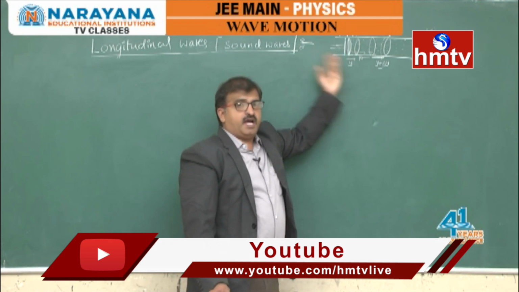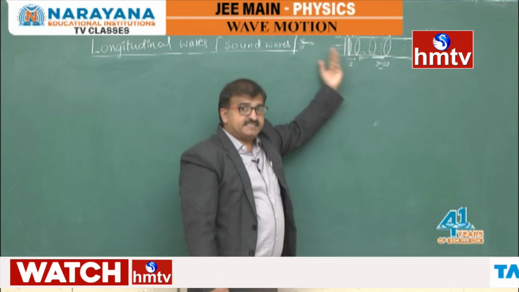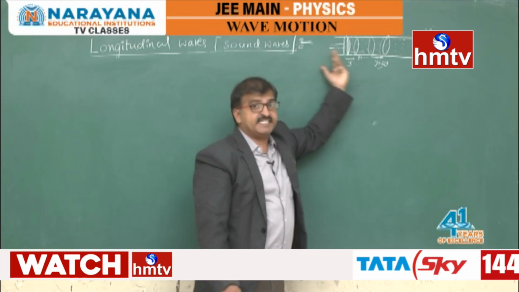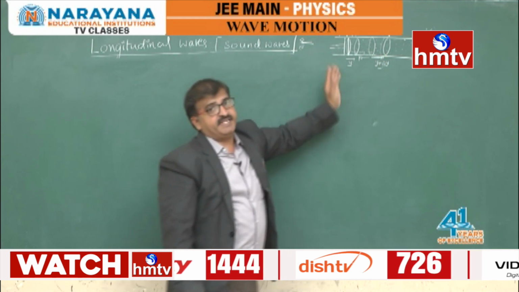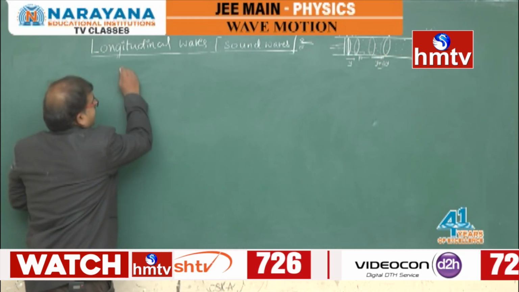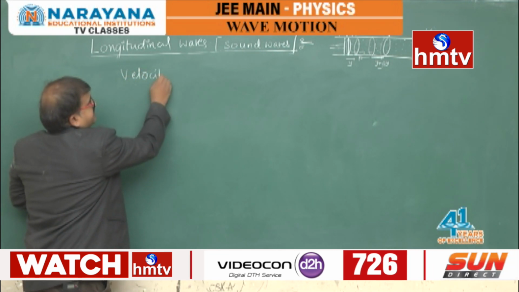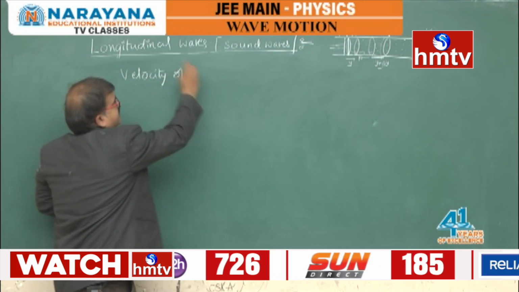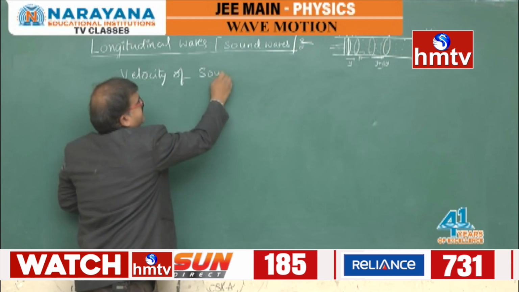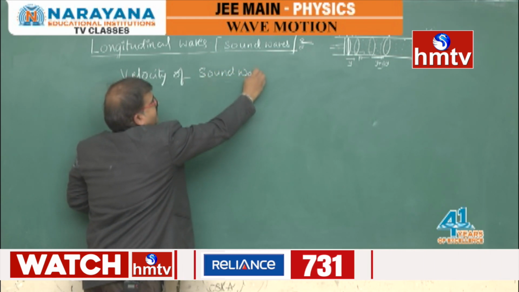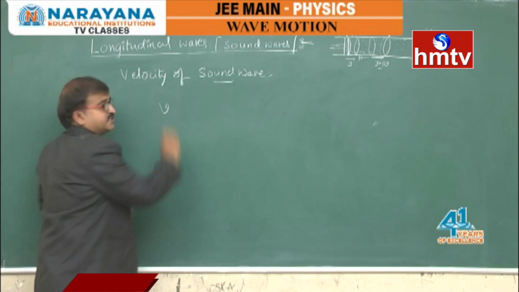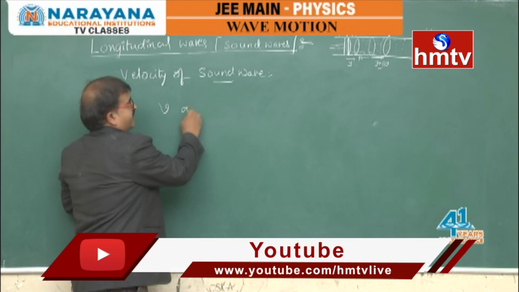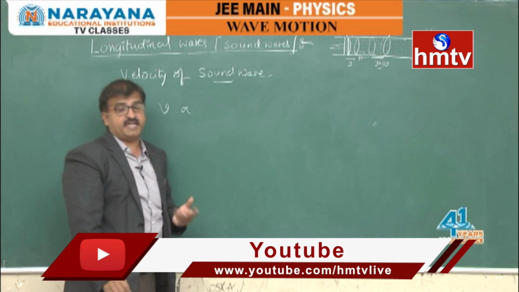Now, how is this pressure variation transmitted, with what velocity is it transmitted from one point to another in that medium? Here we are trying to describe the velocity of the sound wave, or you can say the longitudinal wave. Clearly we know the fundamental method that is given in our NCERT.